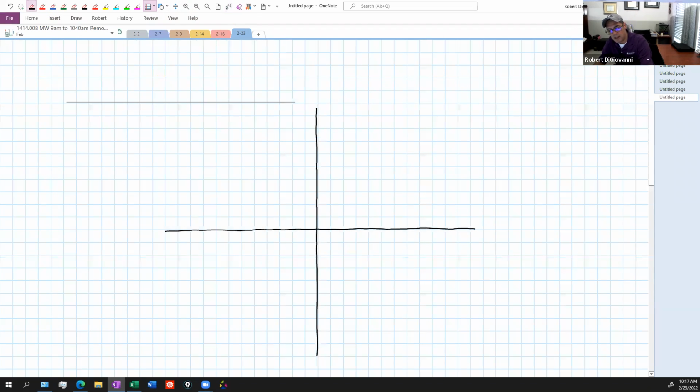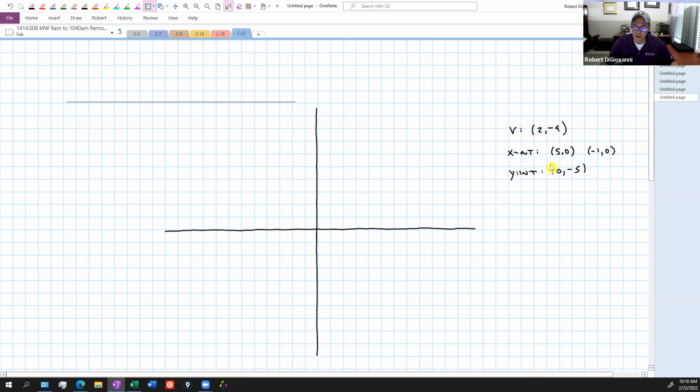What I like to do is think about what I have. I know the vertex is 2, -9. I know my x-intercepts are at 5, 0 and -1, 0. I know my y-intercept is at the point 0, -5.